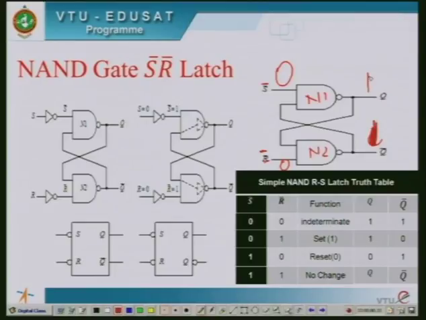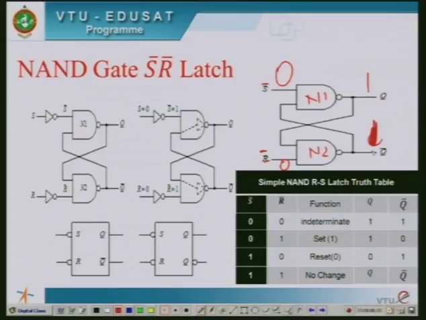So, outputs of both the gates are logic high, which means they are not complements of each other. Ideally, what did we see in a bistable element? Output Q should be the complement of Q bar. If I have 1 at Q, I should have 0 at Q bar.